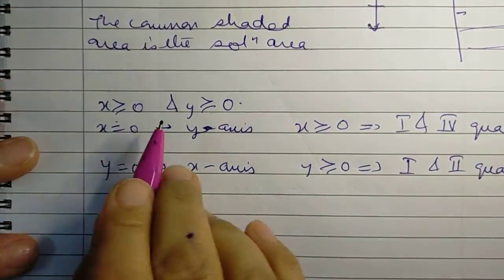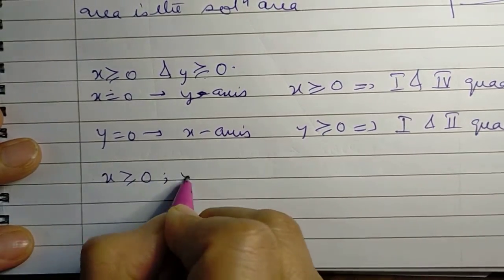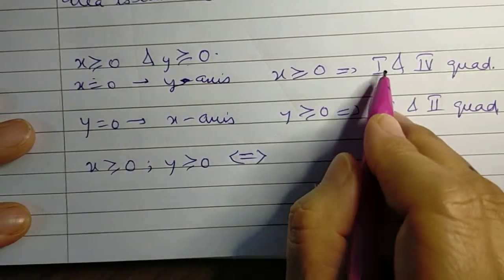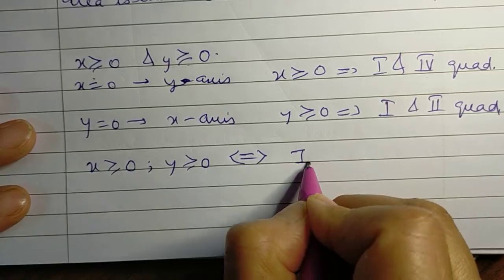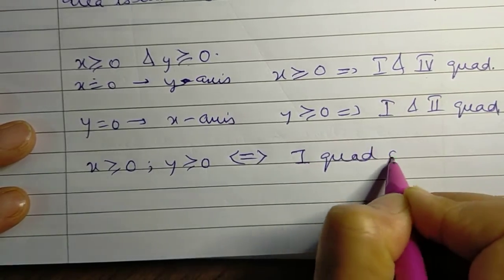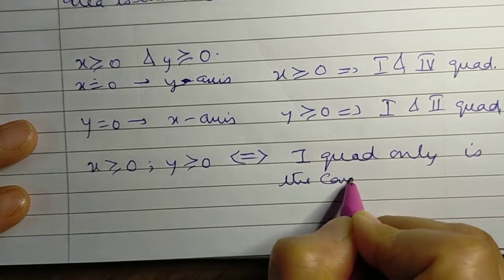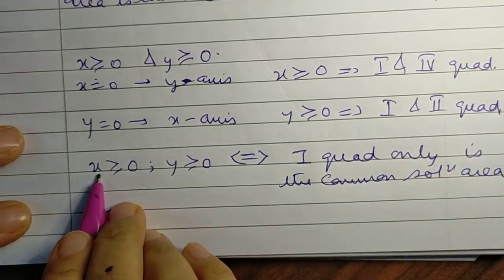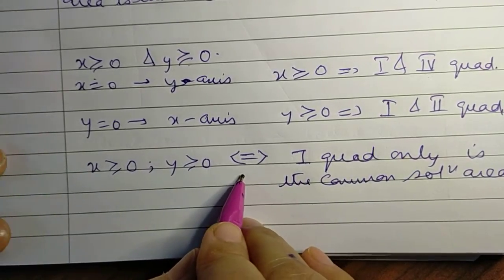So if both are simultaneously given to us, x greater than or equal to 0 and y greater than or equal to 0, we have the first and fourth quadrant, and the first and second quadrant. So it is the first quadrant only that is the common solution area which satisfies both x greater than or equal to 0 and y greater than or equal to 0.